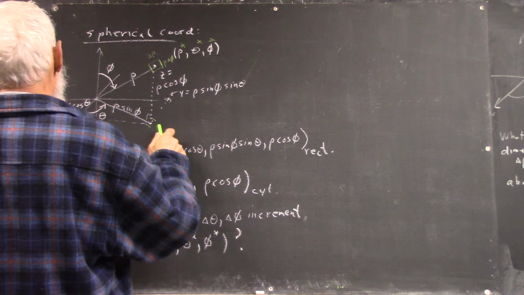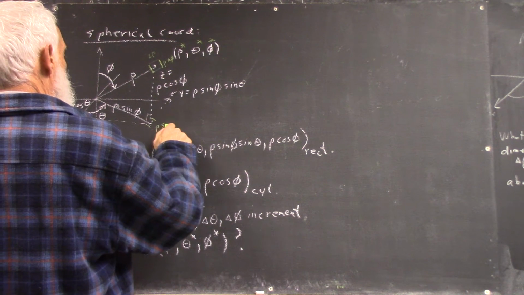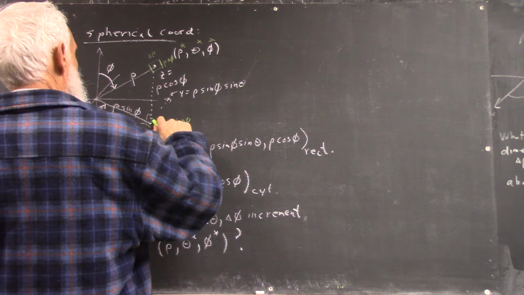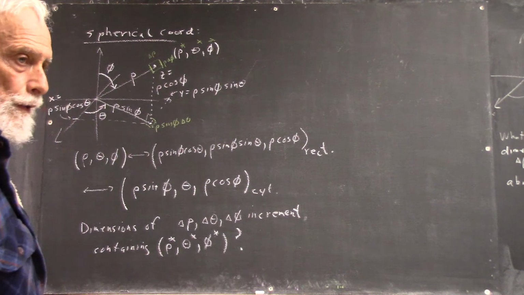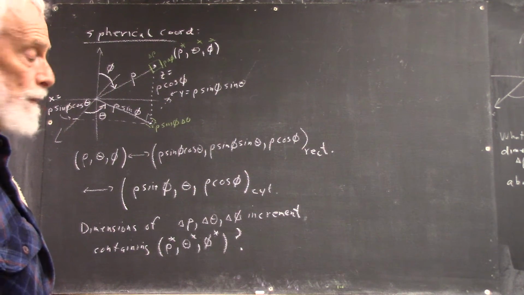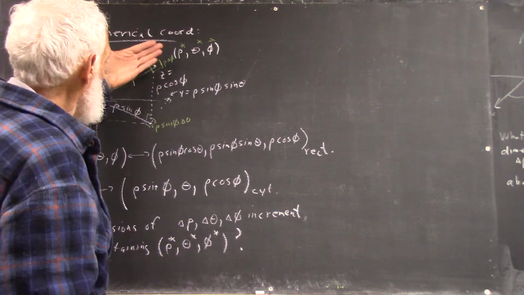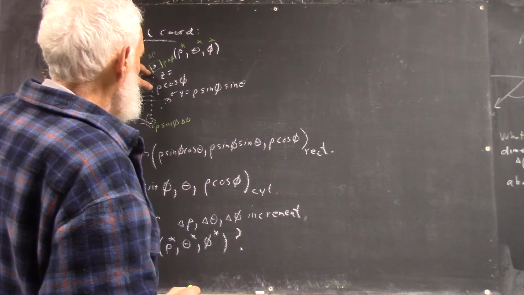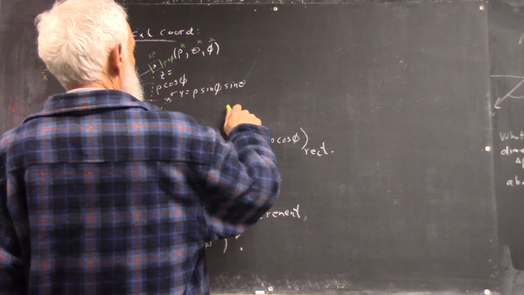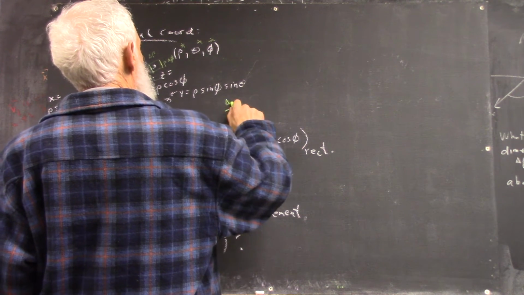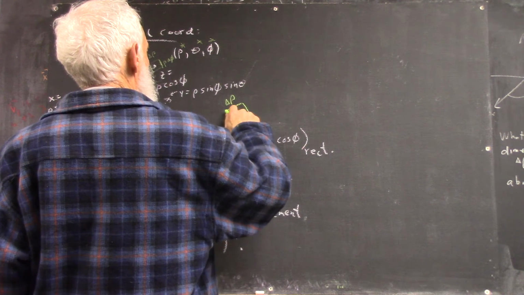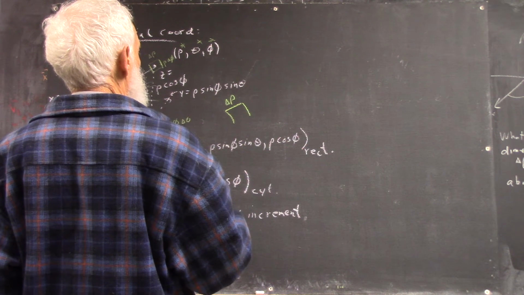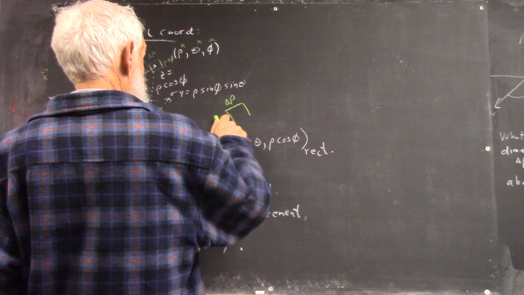So here is your rho sine phi delta theta right here. And this causes this to rotate back and forth. Without enough room to draw it in here, I'm going to draw it a little bigger. So we've got a delta rho, and I need to think about how I'm going to label this. Probably shouldn't have labeled it until I worked it out.